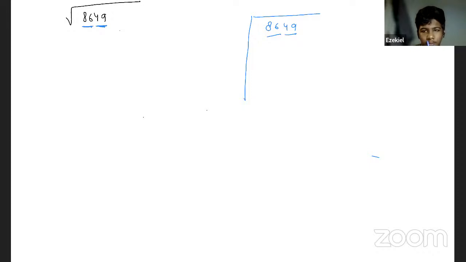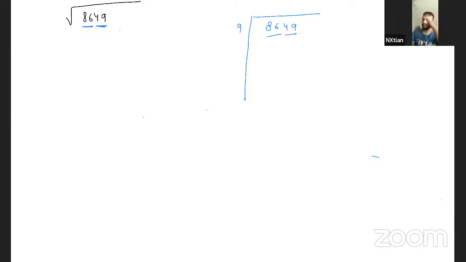Next step? We'll take a number whose square is close to it. So for 86 we can take 9 into 9, and for 49, 7 into 7.